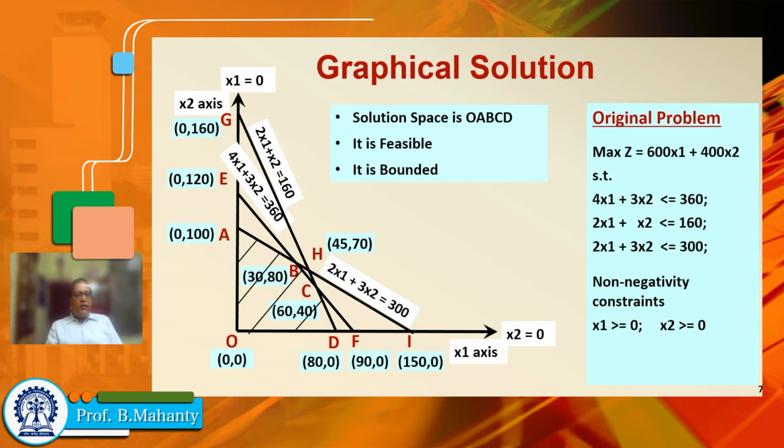But at the point C, which is the intersection point of the other two constraints, both x3 and x4 are exhausted. Is it not? Both x3 and x4 are exhausted because point C is the intersection of these two constraint lines, and x5 is not, because that constraint is somewhat away.